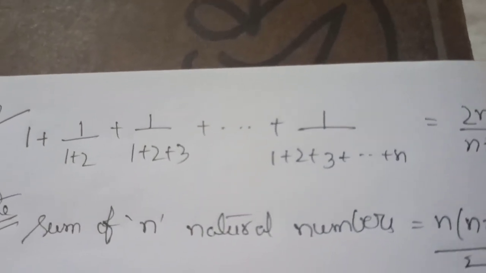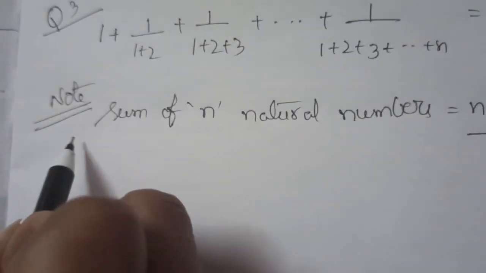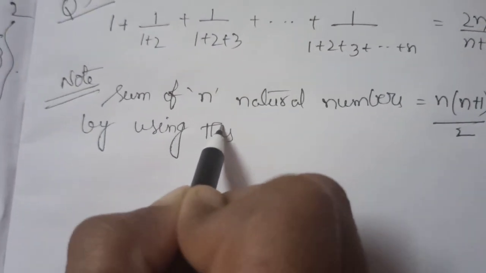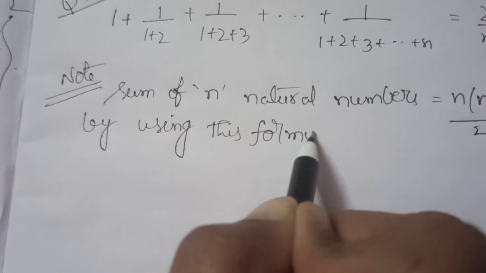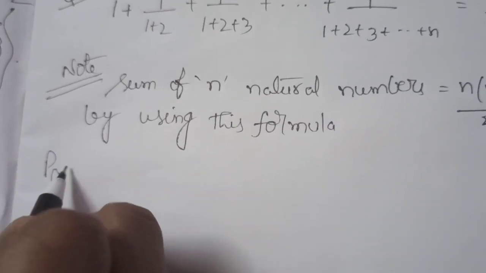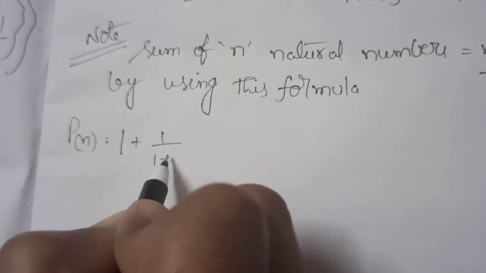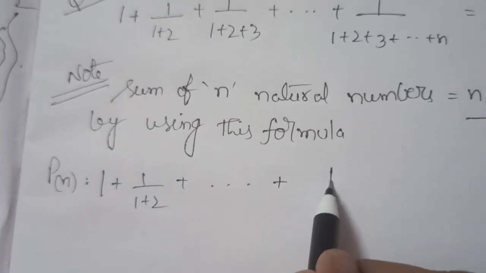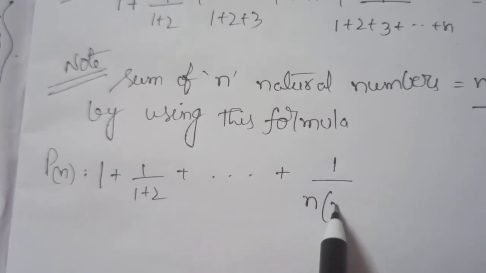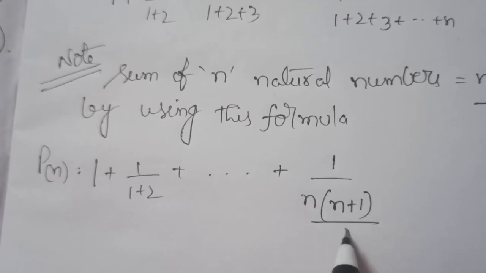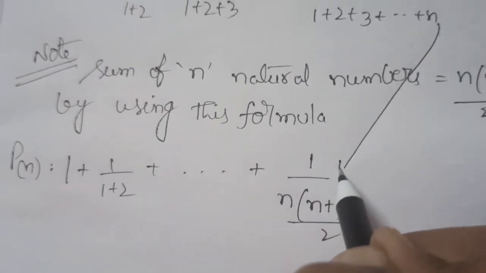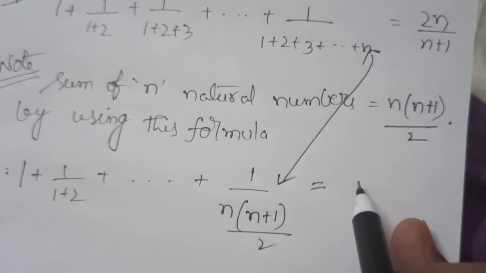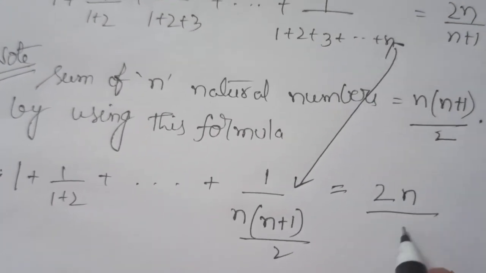So by using this formula, the statement P of n is 1 plus 1 by 1 plus 2, in this way up to 1 plus 2 plus 3 up to n. In place of that, I can write n into n plus 1 by 2, because in the last step I am using this formula, sum of n natural numbers equal to n into n plus 1 by 2, which is equal to 2n by n plus 1.